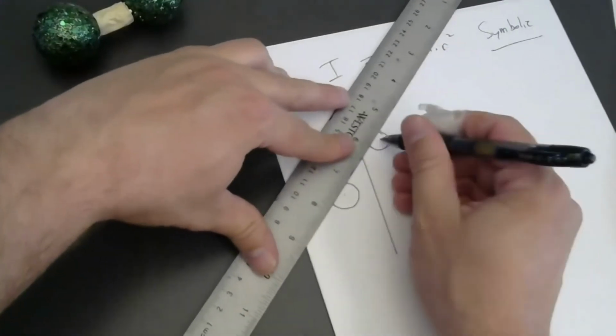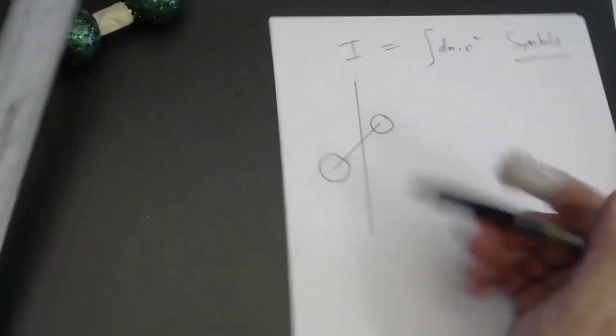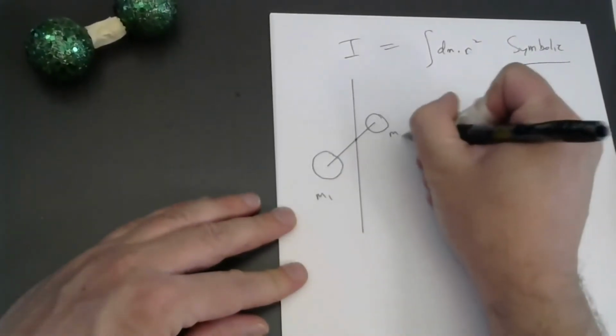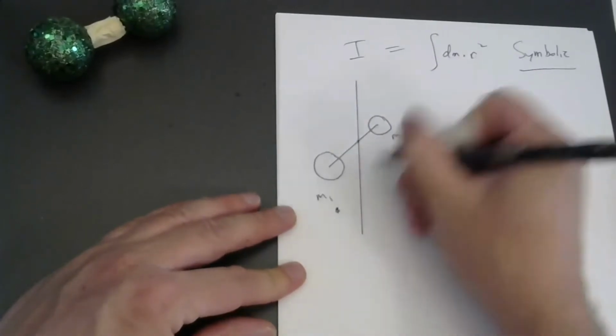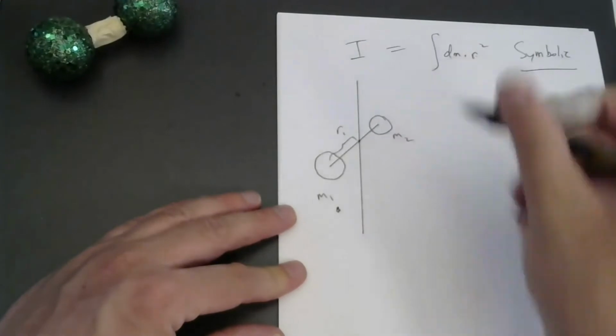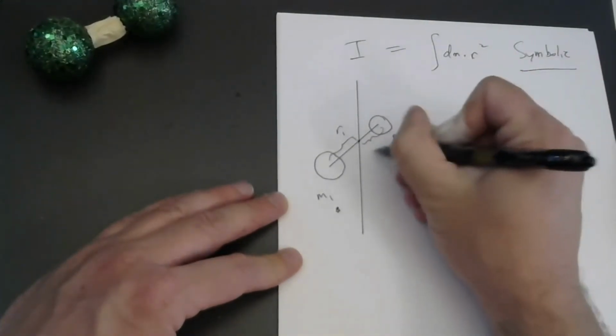And they're both joined by, we'll call this a massless rod. I'll call this M1, mass 2. And then this is R1. It's the distance of mass 1 from the axis, and this is, of course, R2.